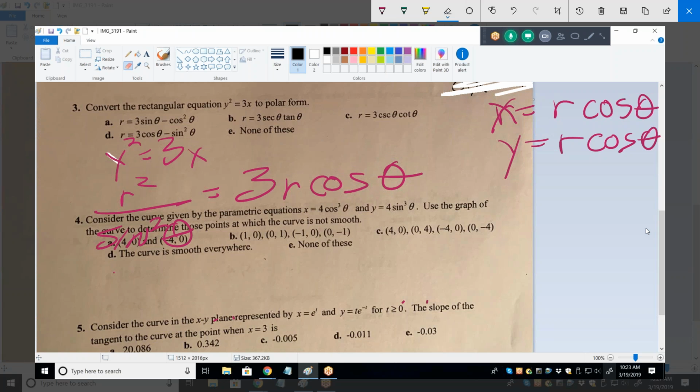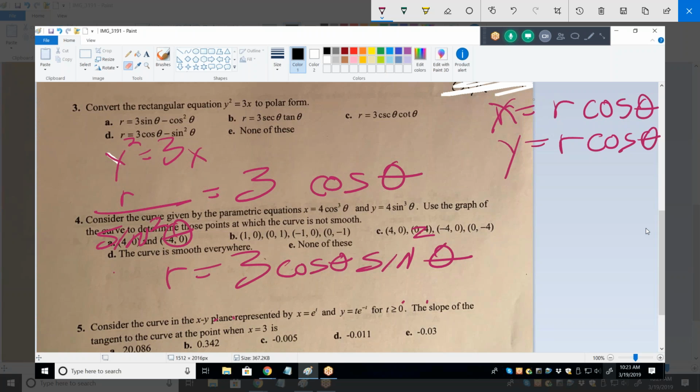Now maybe I can do that because I don't think r can be 0. Okay? Right. Now it's actually a piece of cake because now you get r equals 3 cosine of theta over sine squared of theta. And that is the answer.